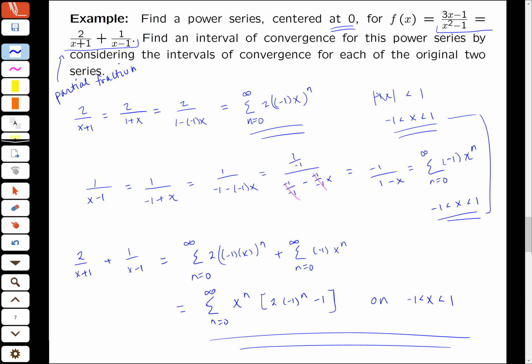It's centered at c equals 0. Okay, so this is it. Yeah, I forgot to put that down.